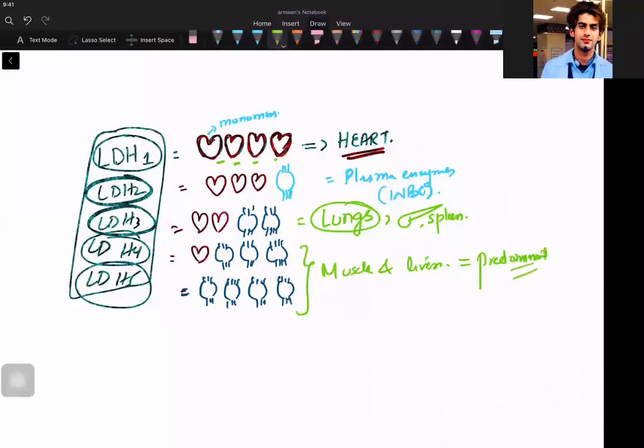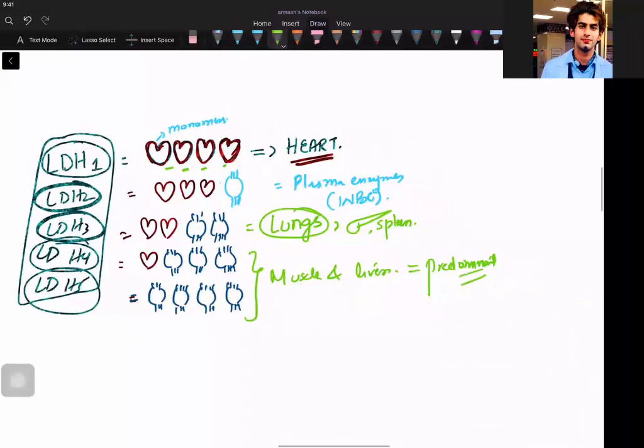Very good. Which one is predominant in heart? LDH1. Can these be potential MCQs, and can they also help you in diagnosing if my cell is getting damaged? If my heart is getting damaged, will the enzyme come out from the cell? Will it come into the blood? Can I see it in the laboratory? Can I check it? Yes. So easy concept. Now tell me, which enzyme predominates in RBCs?